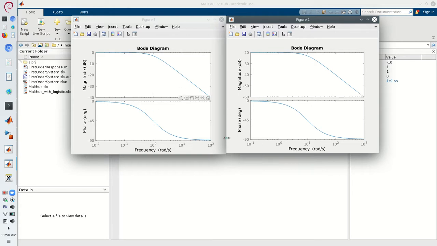The phase stays pretty much the same if we are changing our parameter a. What happens with the change of a is that we have a much lower amplitude gain, and also this change in slope happens at a higher frequency in the case a equal to minus 10 as opposed to the case when a is equal to minus 1, where this change of slope happens at omega equal to 1.